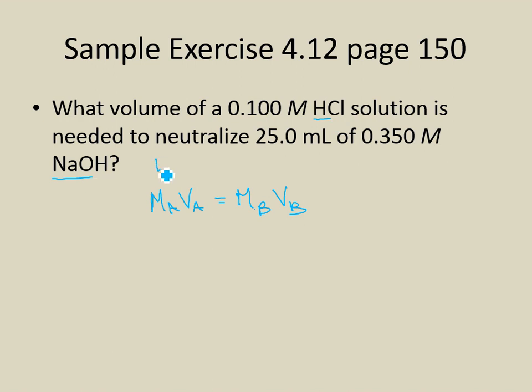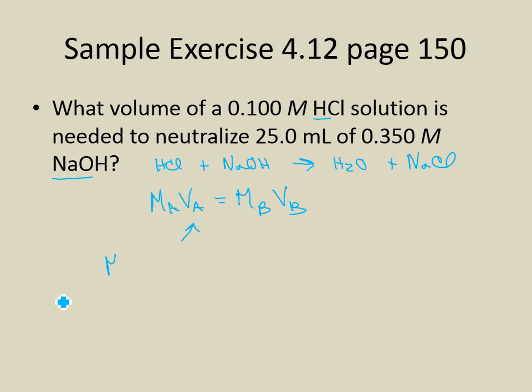So I know if I have HCl and I combine it with NaOH, I'm going to get H2O and NaCl, and it's all 1-to-1. So we're going to figure out how much acid we need to neutralize our 25 mils of 0.3 molar.